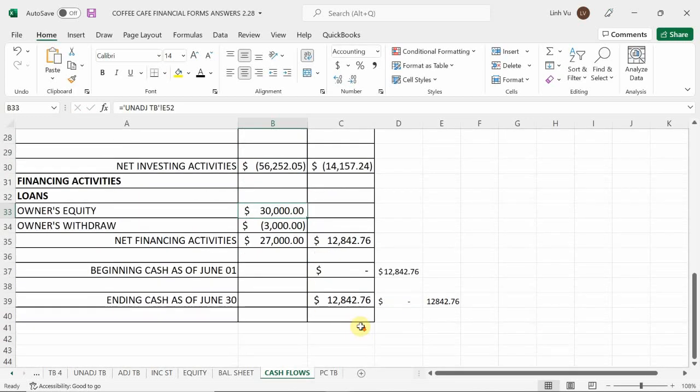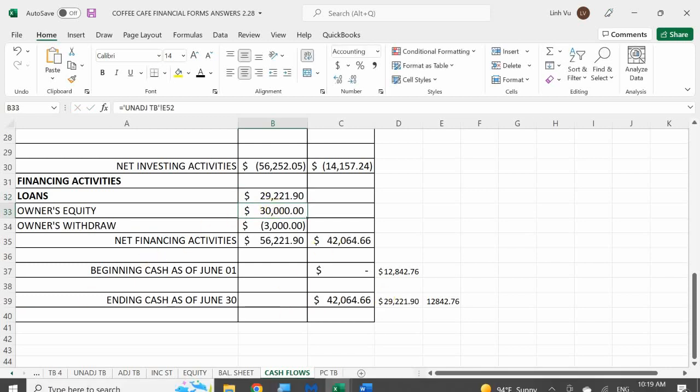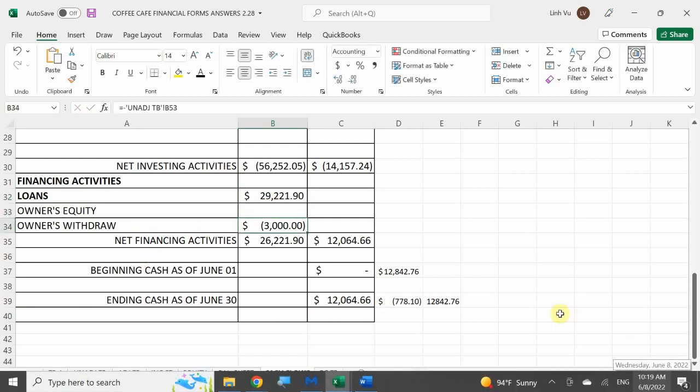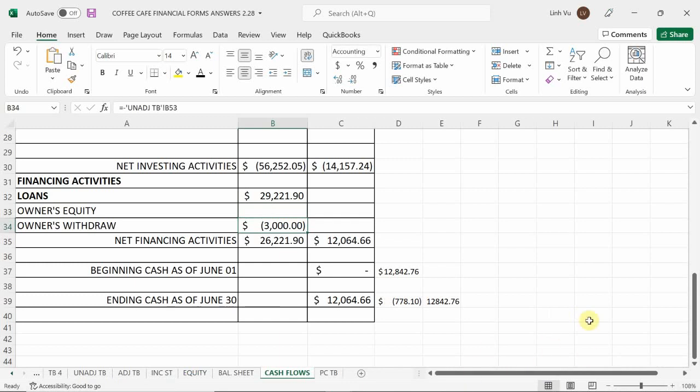Okay, so in this case, what you could also do is that you're supposed to record the loan here for the $221.90. Okay, let me see if I take out the equity. No. Huh. So that's why sometimes it is difficult to be able to do this.